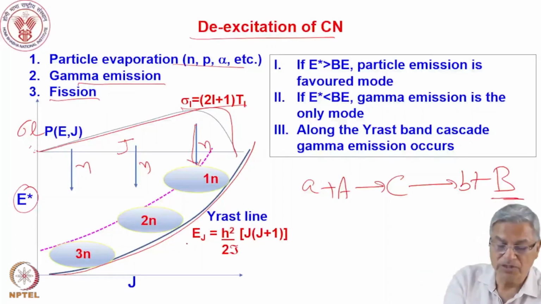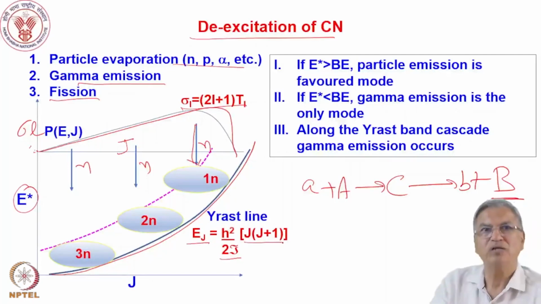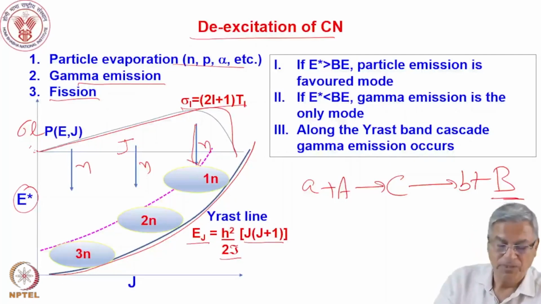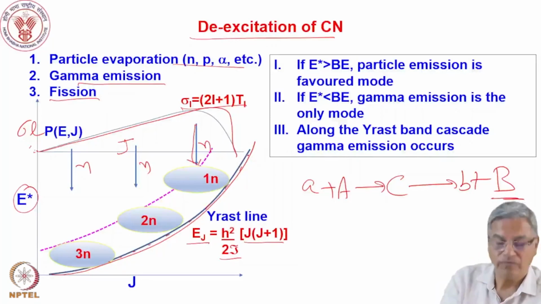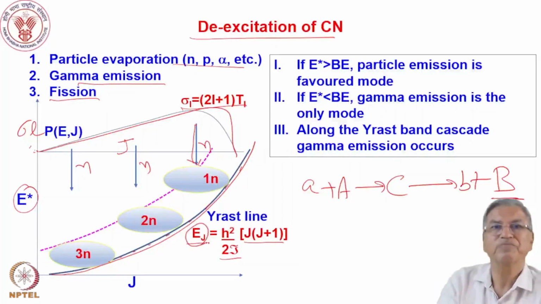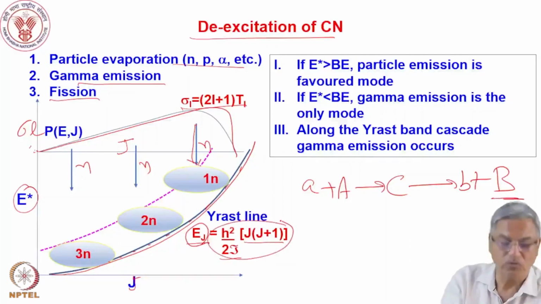The rotational energy is given by h cross upon 2I, where I is the moment of inertia, times J into J plus 1, where J is the angular momentum. So as a function of J, certain energy is tied up in rotation.